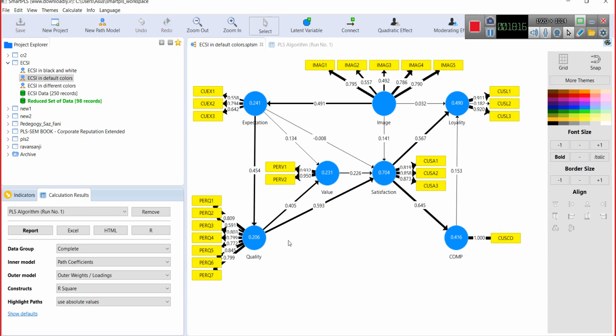For example, we want to know whether the quality of the services of a corporation is affecting the loyalty of the customers through mediating the satisfaction of the customer or not.